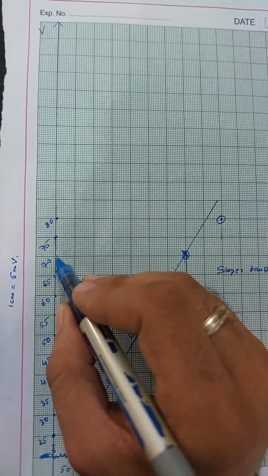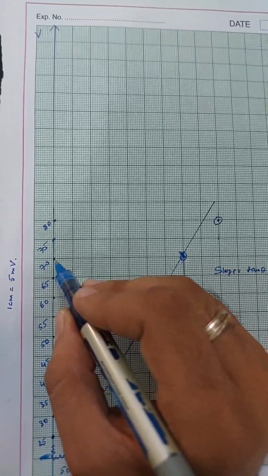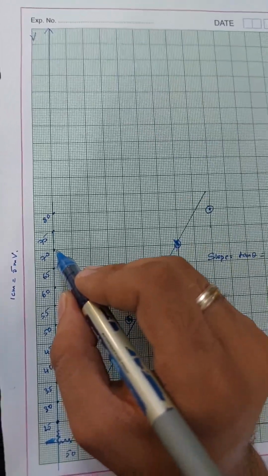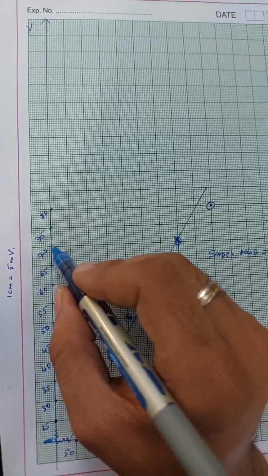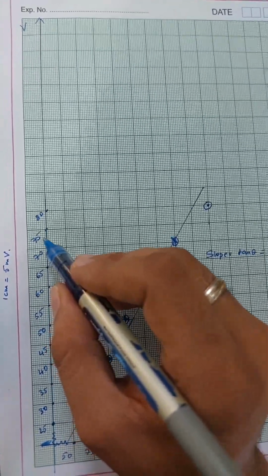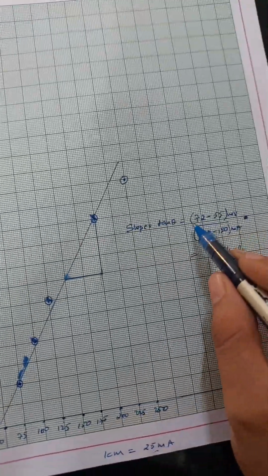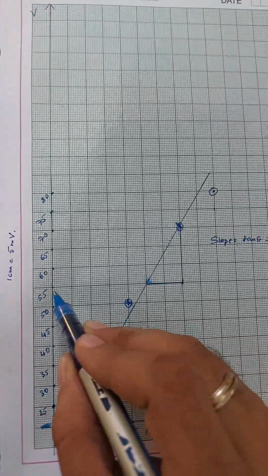So each line is 5 millivolts by 10, that means 0.5. So if this is 70, the next division is 70.5, then 71, 71.5, and so on. This point was 72, so that's why I have written 72, and this point is exactly 55.